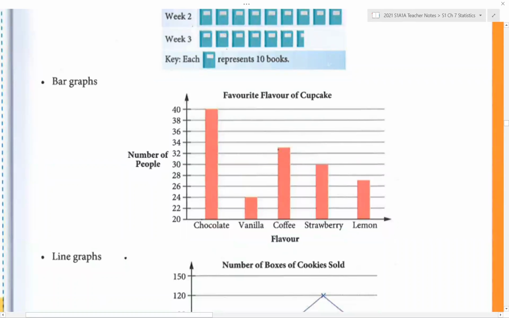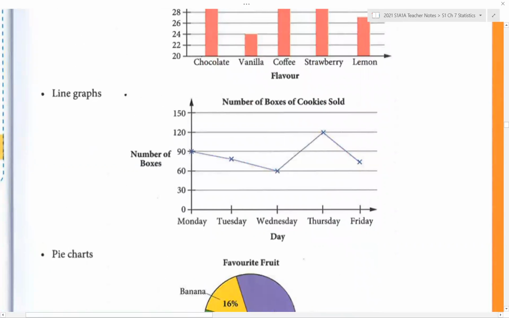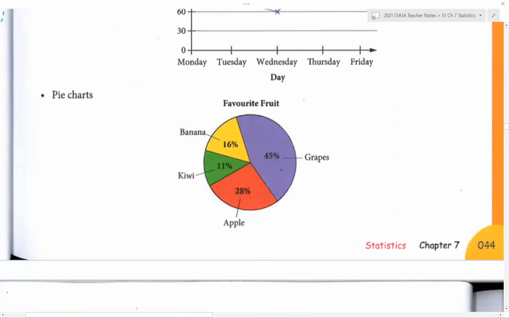It's called a bar graph because they look like bars. Then we have our line graphs, showing a trend. And we have the pie chart, which will show a complete circle.